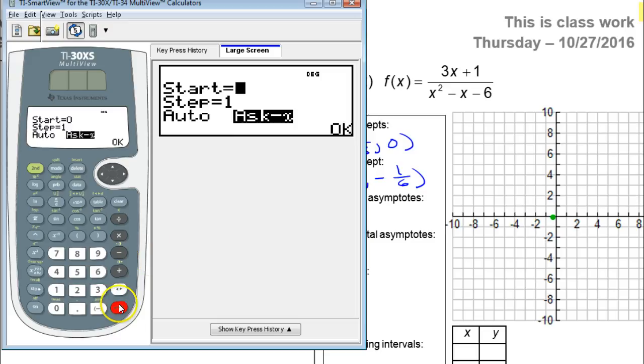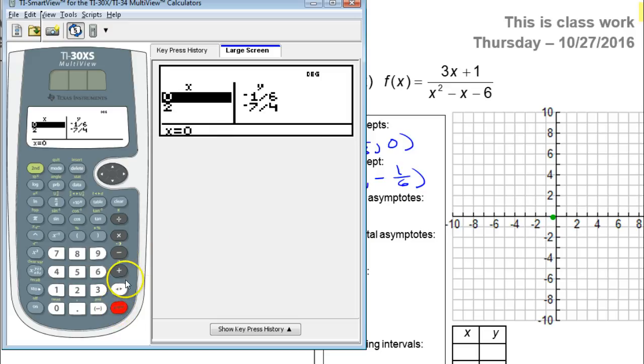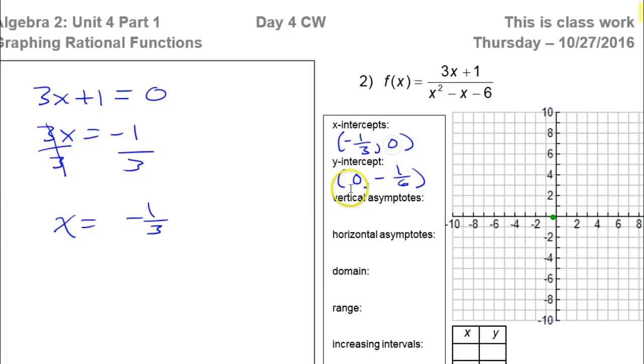And I'm just going to use ask x mode for now. If you want the y-intercept, all you have to do is let x be 0, and then you have the y-intercept. So you see I have 0 and negative 1/6. And that's the same thing we got by hand.